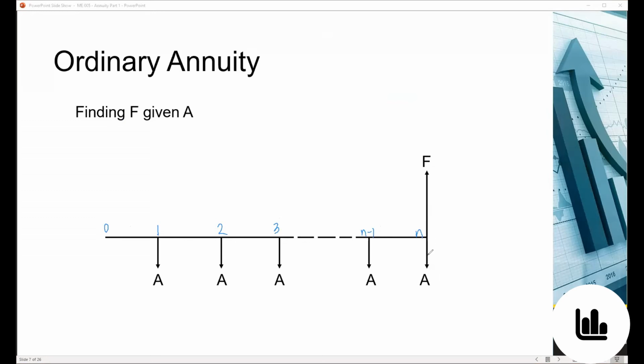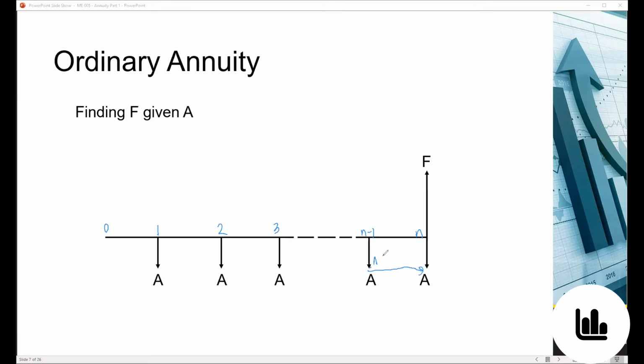Itong A, hindi na natin i-move kasi katapat na yung F. Tama? So ang gagawin na lang natin is yung mga hindi katapat ng F, i-move na lang natin towards period n. Okay? So yung A natin, i-move natin dyan.